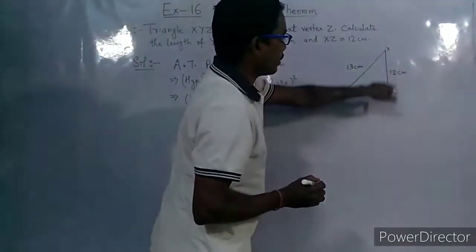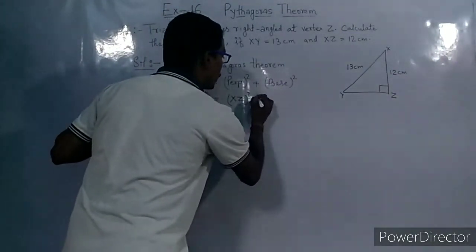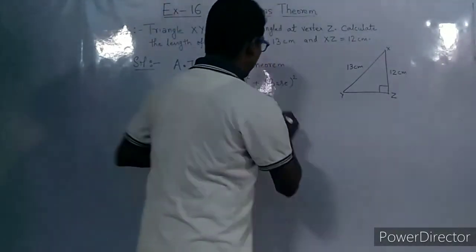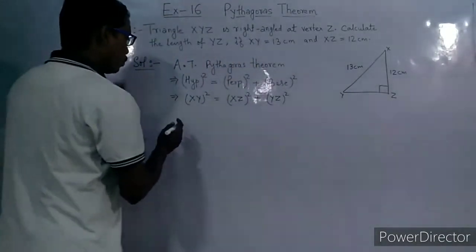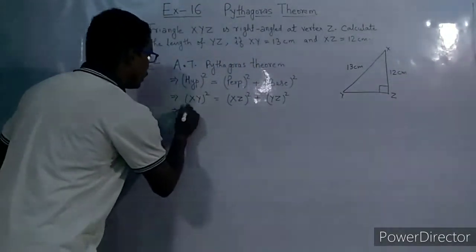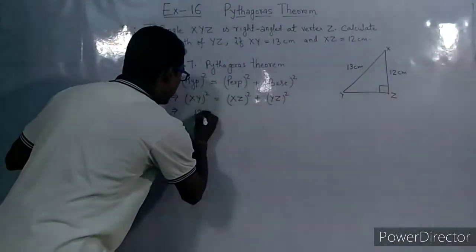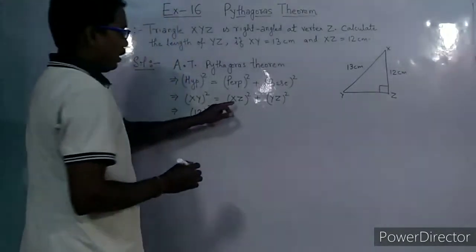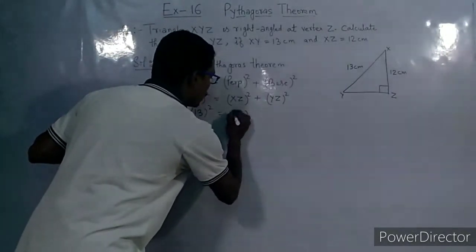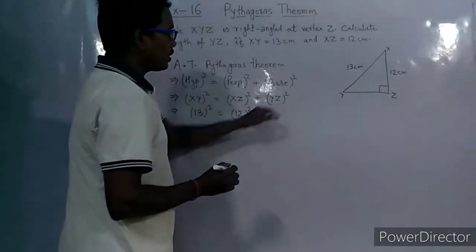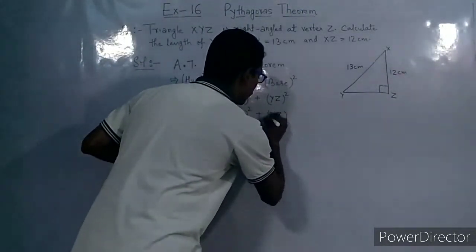Perpendicular is XZ, so XZ square. Plus base is YZ, so YZ square. Now we will put the values. XY is 13, so 13 square. XZ is 12, so 12 square, plus YZ is not given, so YZ square as it is.